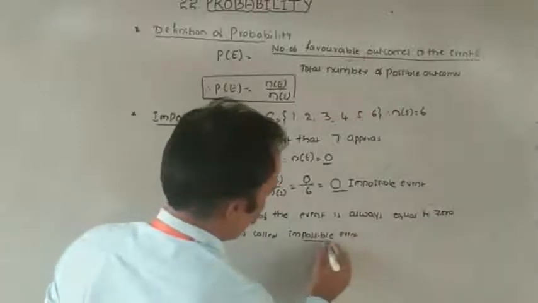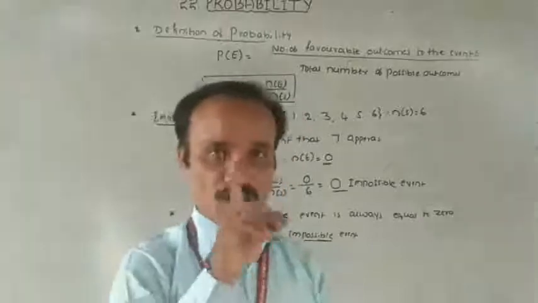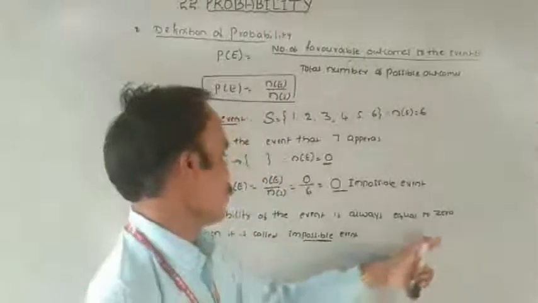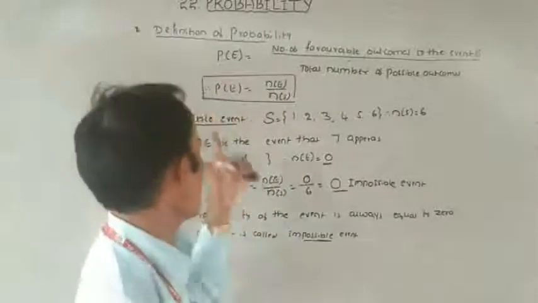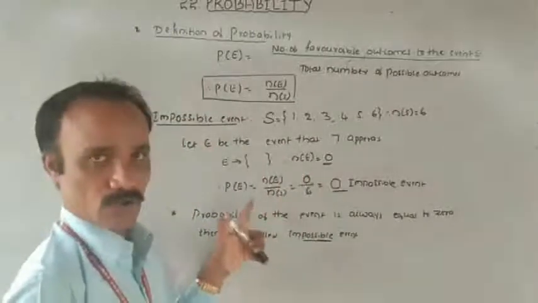What is the probability of the impossible event? 0. What is the probability of the sure event? 1. Sure event 1. For an impossible event, its probability is always 0. Is it clear? Okay, right.